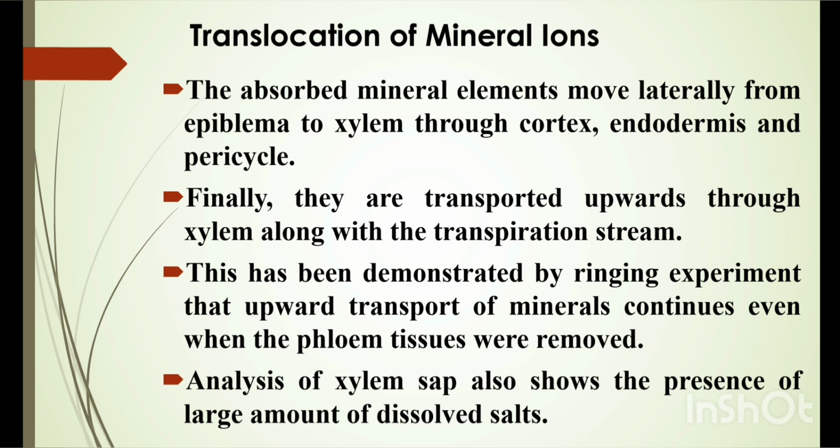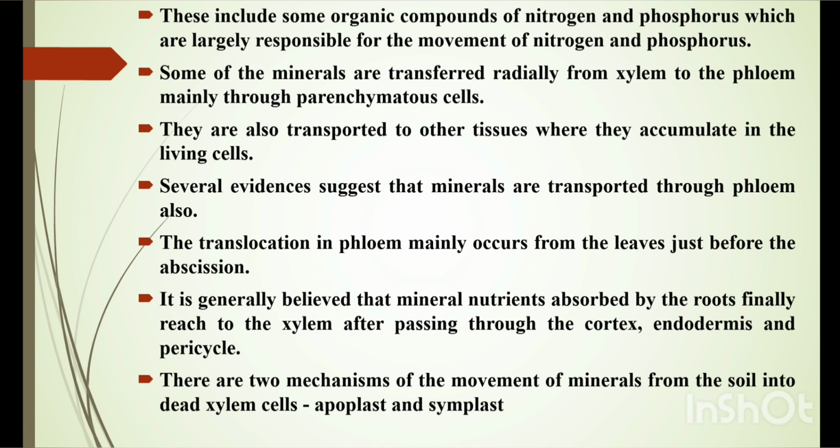So these are the two experiments from where you can conclude that the translocation of mineral ions occurs through xylem. This includes some organic compounds, nitrogen, phosphorus, which are largely responsible for movement of nitrogen and phosphorus. And some of the minerals are transferred radially from xylem to phloem, mainly through parenchymatous cells. They are also transported to other tissues where they accumulate in the living cells.